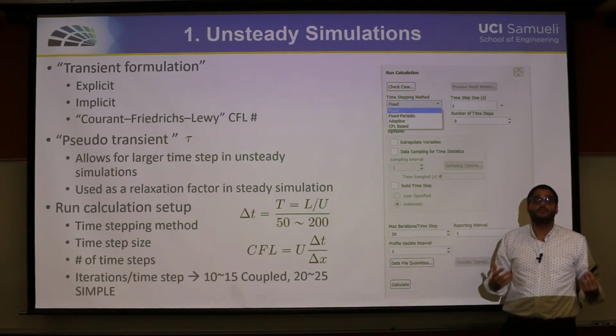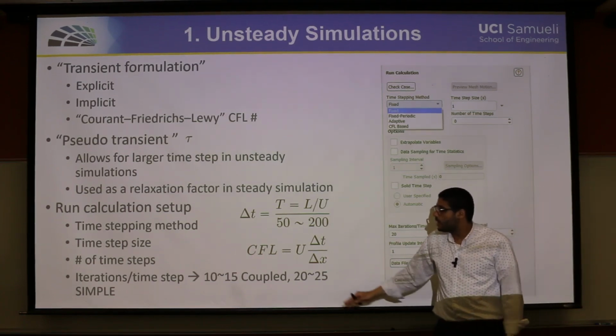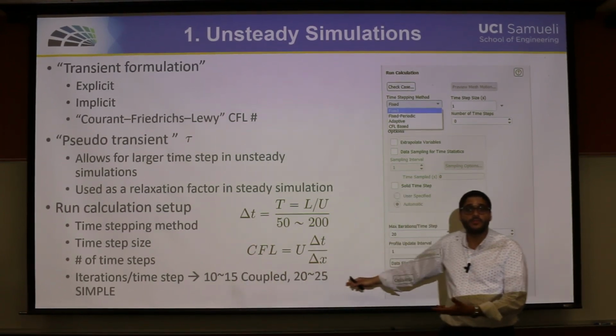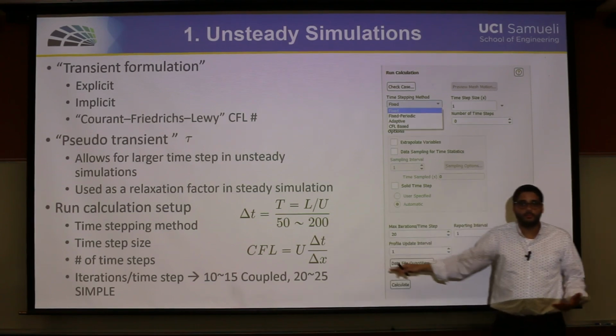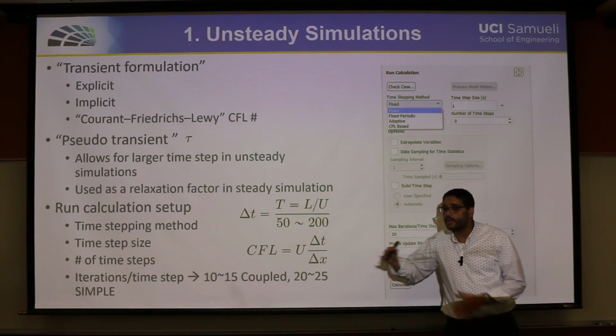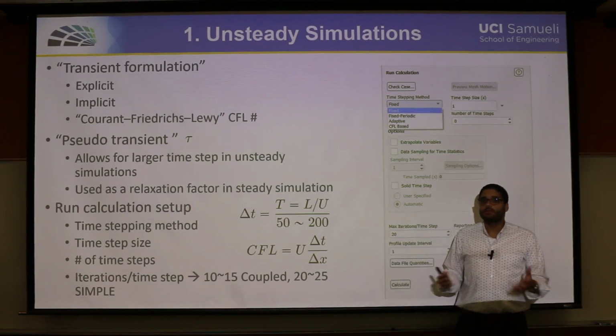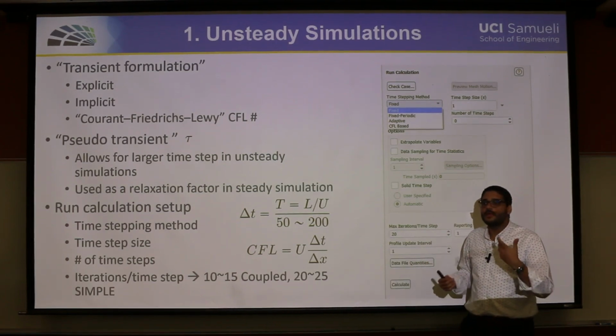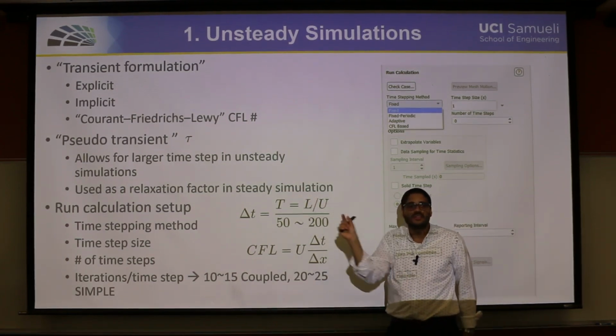This means that at each time step you could be doing around 10 times more iterations than what is feasible. I would like to say that this extra number of iterations does not give you any better solution, because you already have your physical time domain, which is delta t.